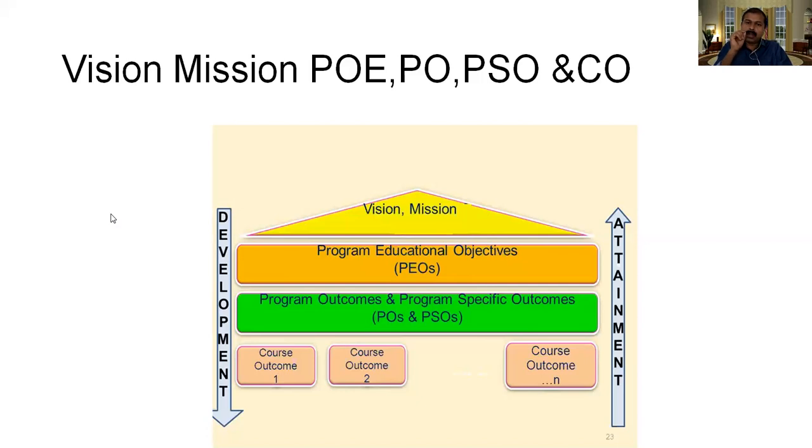But if you clearly define the program specific outcomes of BSc Computer Science and BCA, just by going through them, anybody will be able to clearly differentiate between the two, because we have to clearly mention that after completing this program, the students will be performing this. And after the completion of a BCA program, the student will be able to perform these tasks, or will have these abilities in life.